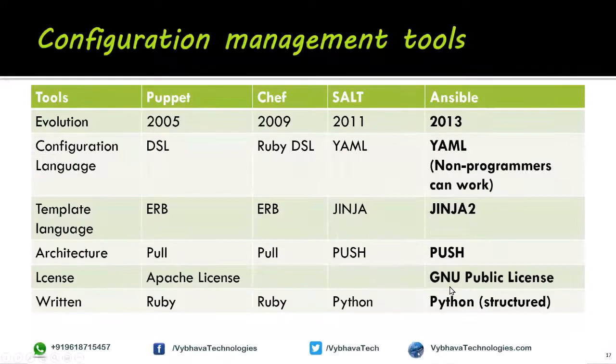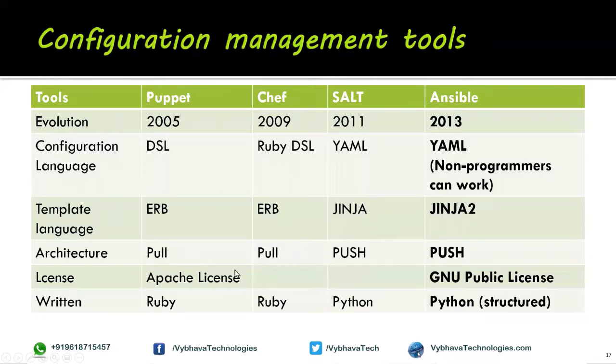Okay, so configuration management tools: if you compare Puppet, Chef, Salt, Ansible, these are all different evolutions of configuration tools. What are they using? DSL, Ruby, YAML. If you look at Salt and Ansible, both are using YAML. For templates, they are using Jinja, the same, but Ansible is using the latest version of Jinja.